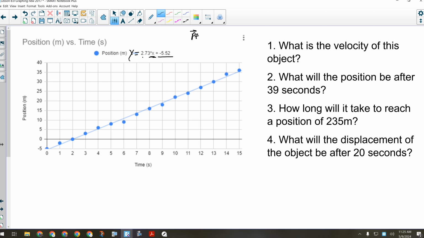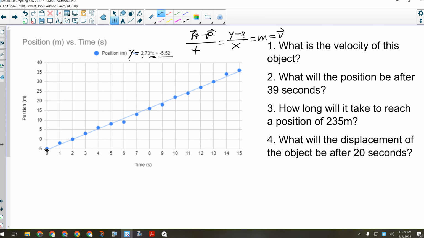I know that b, the y-intercept, is my initial position. And I know that x is time. Well, if that's y minus b over x, does that tell me that the slope represents velocity?